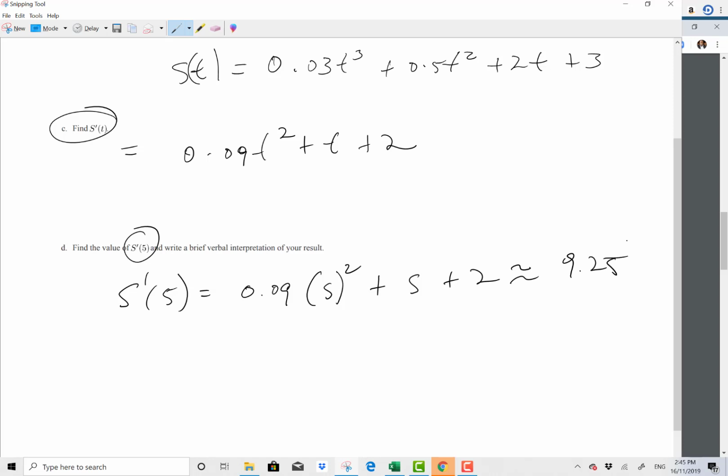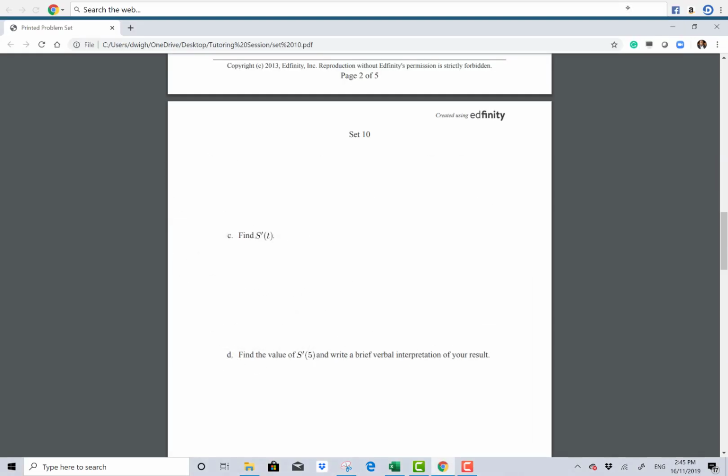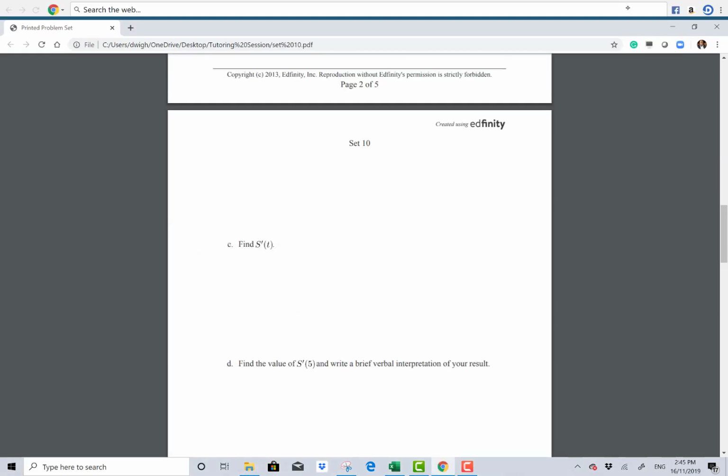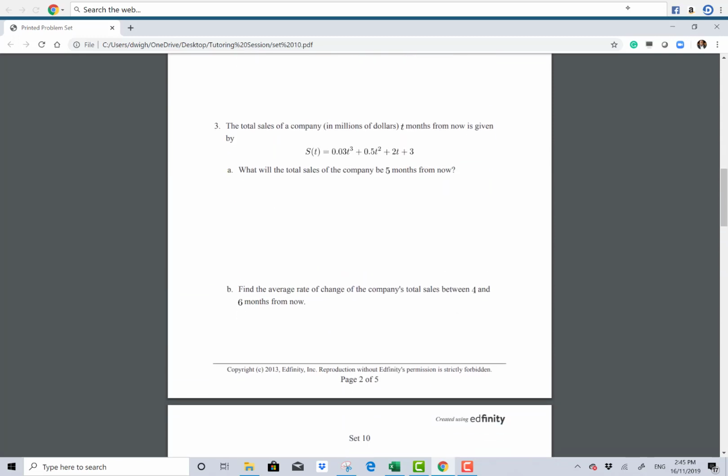Now, the question is asking us to give a verbal interpretation. It can be said many different ways. I'm not sure how your professor wanted it, but what I would say is it is the instantaneous rate of change at 5. If you go back to the problem, S is going to be the sales.